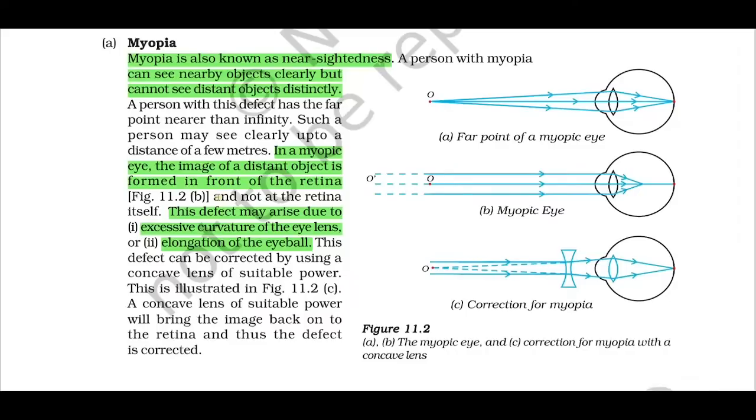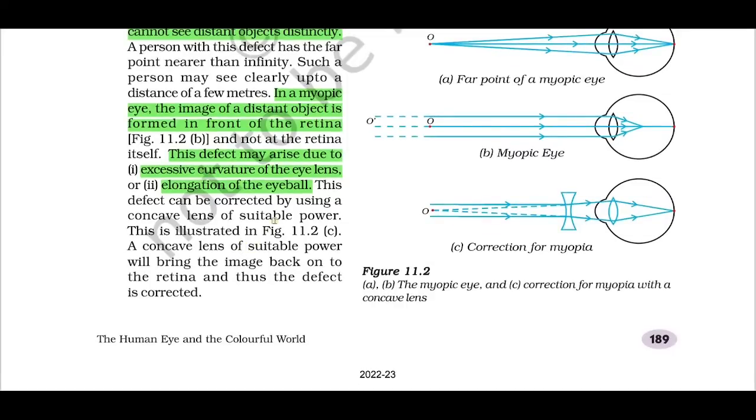So how can you correct it? You can correct it by using a concave lens of suitable power. By using a concave lens, the image is formed exactly on the retina.